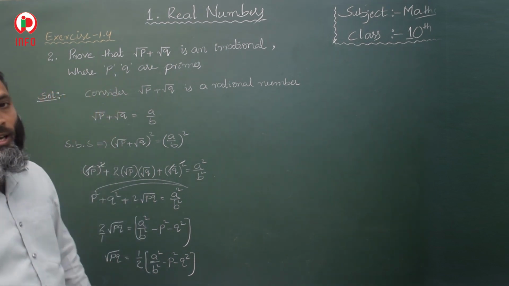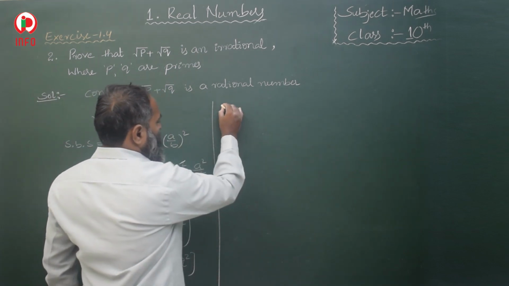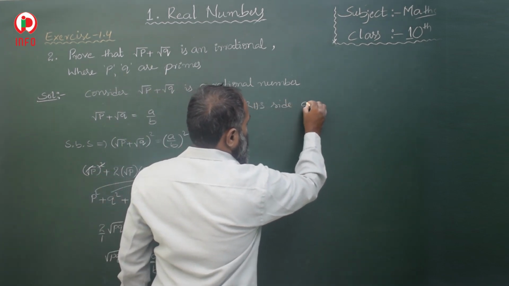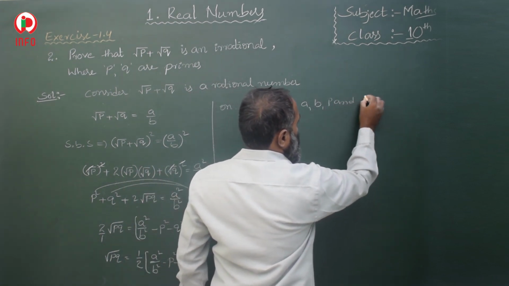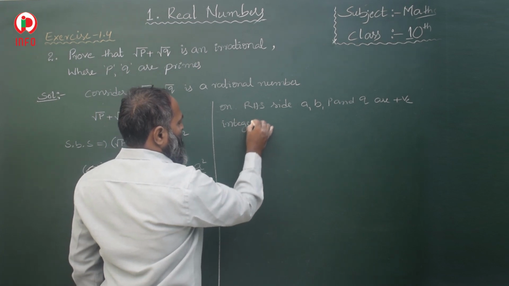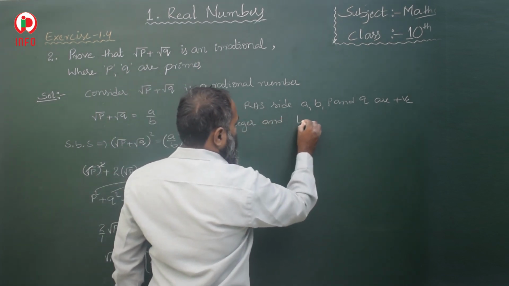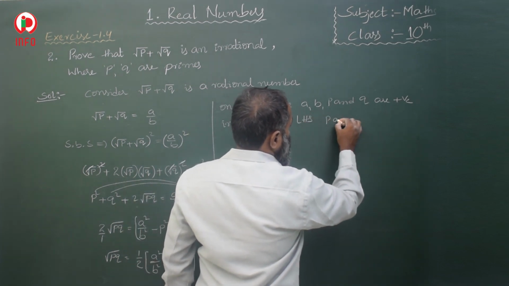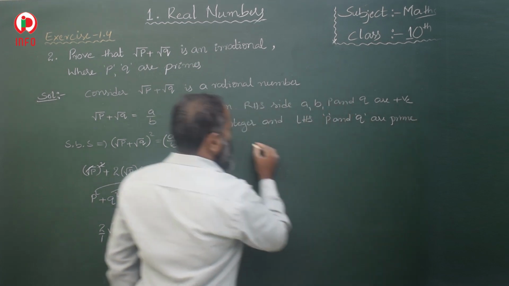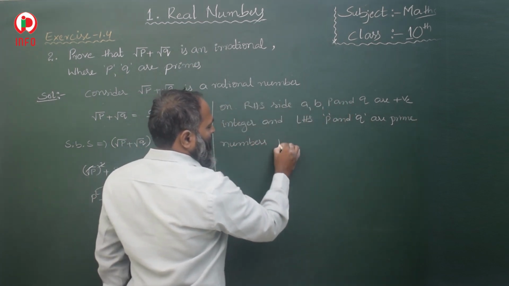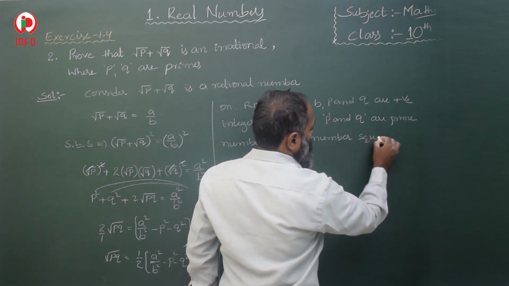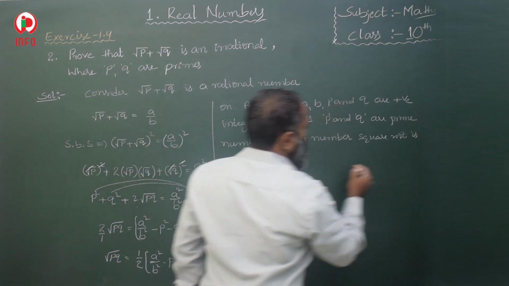On the RHS, a, b, p and q are positive integers, while on the left hand side, p and q are prime numbers, whose square root is an irrational number.